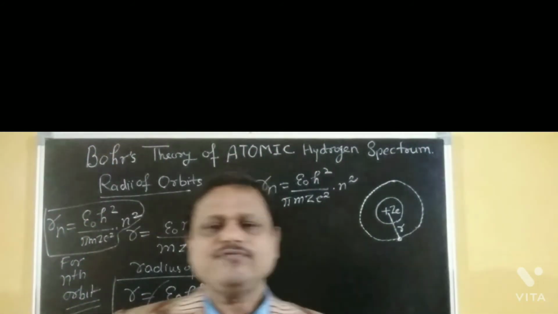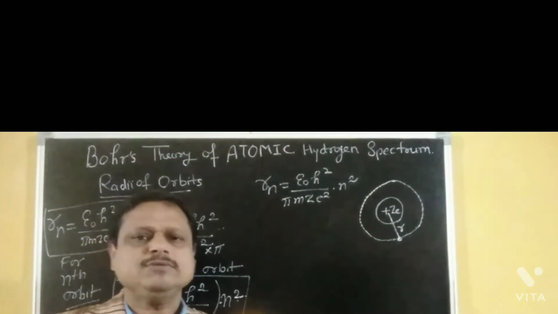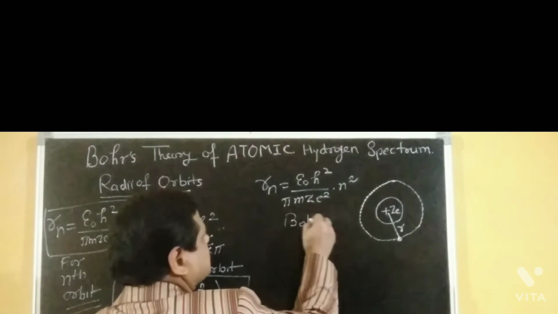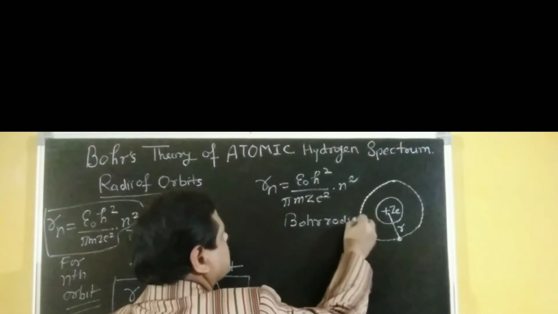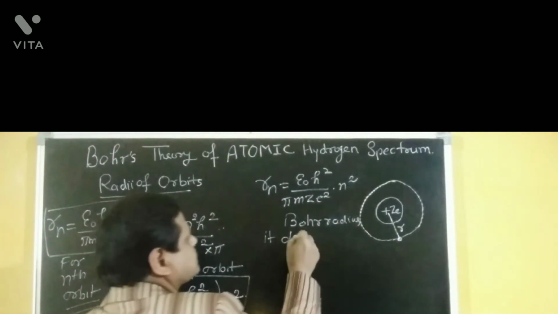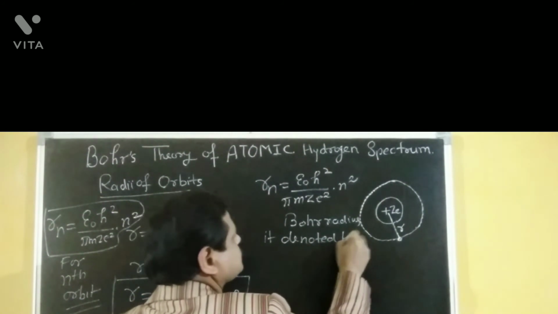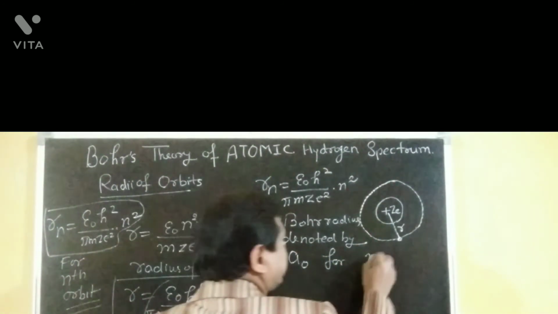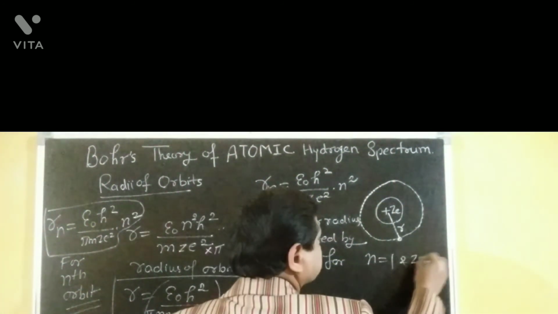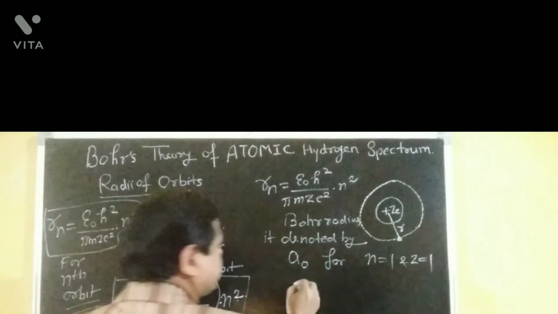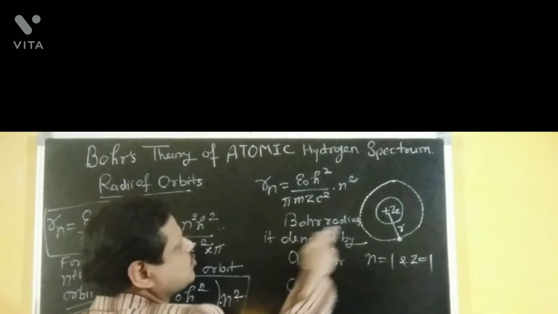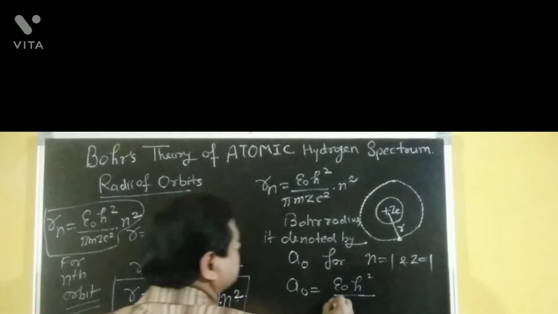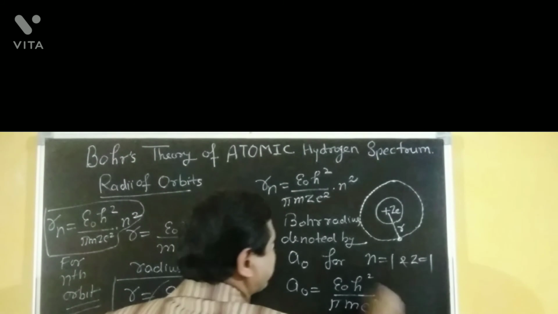The radius of the innermost orbit of hydrogen is called Bohr's radius, and it is denoted by A naught, for n equal to 1 and z equal to 1. Then A naught, that is Bohr's radius, is epsilon naught h square upon pi m e square.